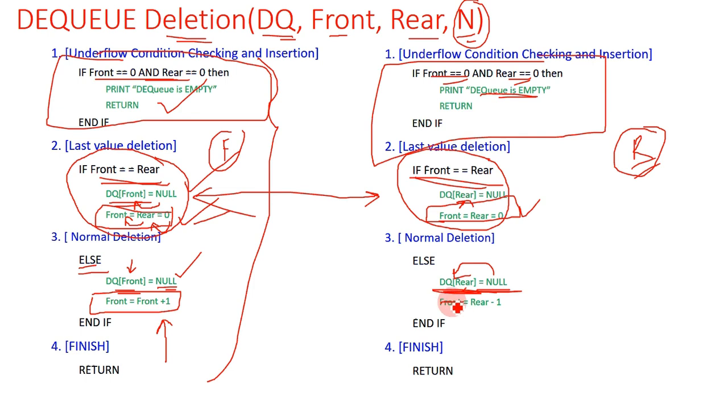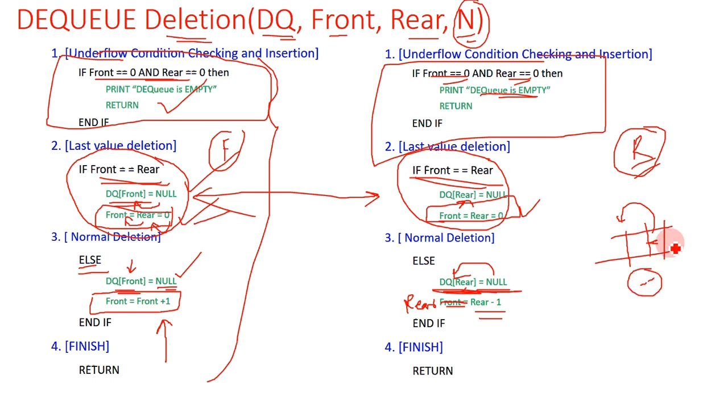This is not front. Okay, this is my mistake. So you have to correct it. Rear is equal to rear minus 1. Okay, so when you do deletion from the rear end, when you delete this element, now rear will be decremented by 1.